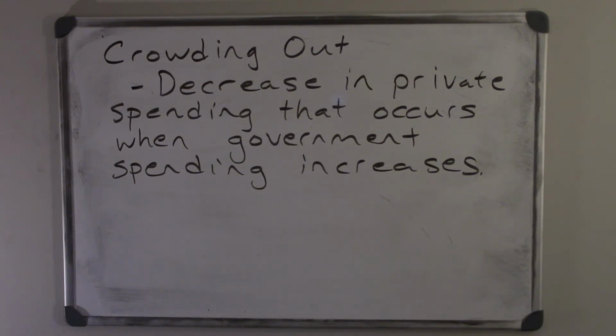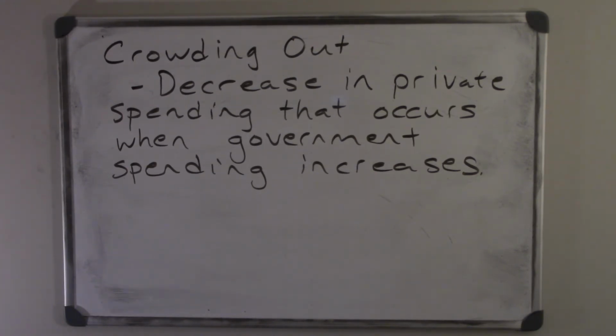But if we have unemployed construction workers and unemployed resources, then we can see no decrease in private spending, so no crowding out. And that does fall on a range, which we'll talk about in a future video.